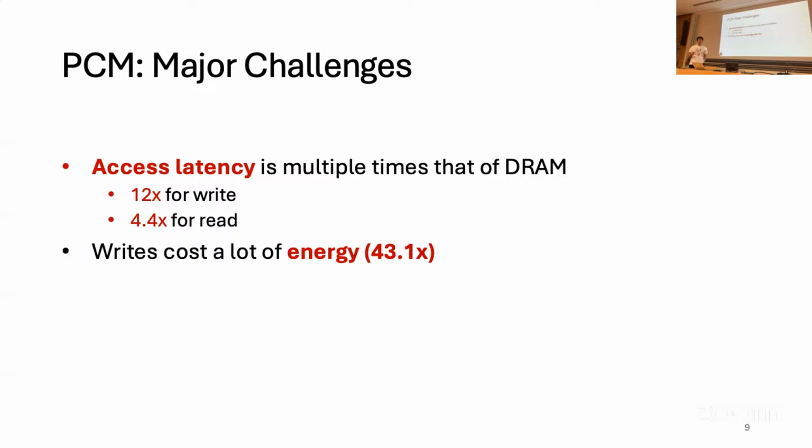And additionally, writes cost a large amount of energy because the current you have to apply to melt the PCM material is quite large. So the authors derive over 40 times increase in write energy compared to DRAM. And lastly, we have limited write endurance, which happens because when we heat and cool down the material, the cells expand and contract, which degrades the contact.